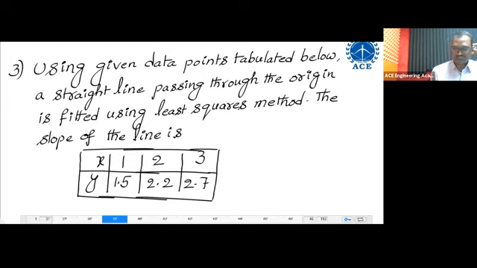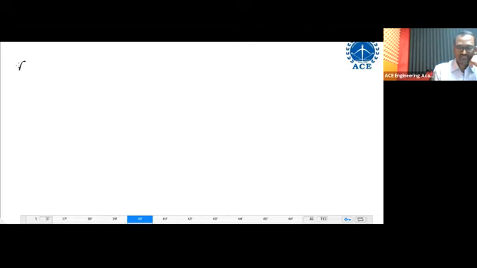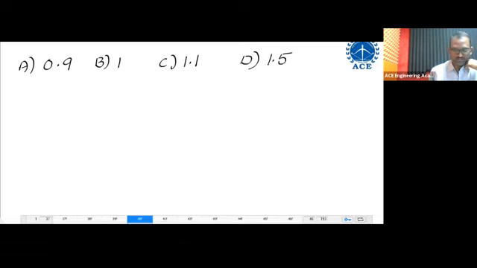Options: option A 0.9, option B 1, option C 1.1, option D 1.5.